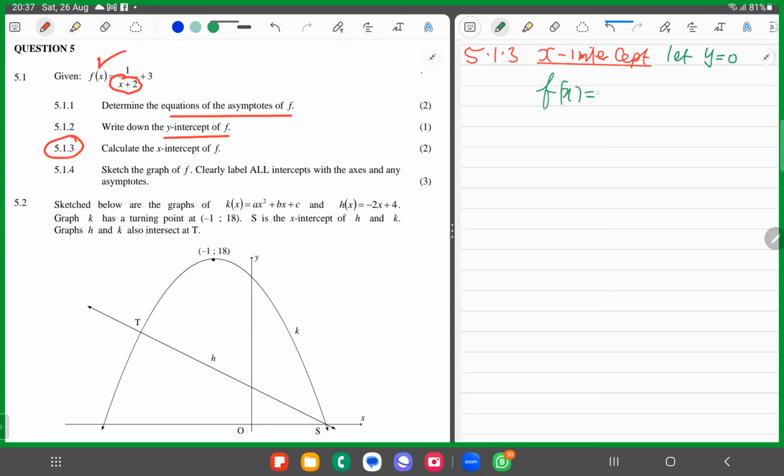So we just write down the function, which is 1 over x plus 2, plus 3. We have that y is 0. We subtract 3 from both sides, so you have minus 3 equals 1 divided by x plus 2.